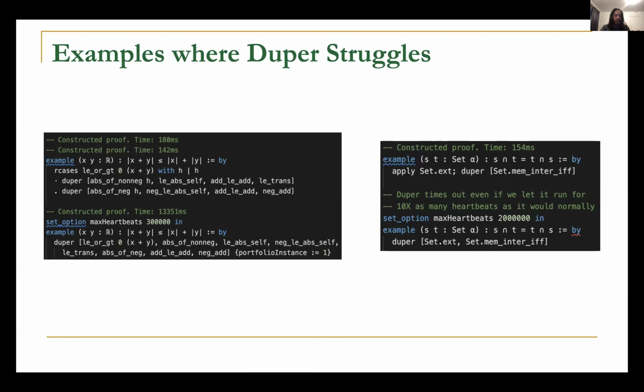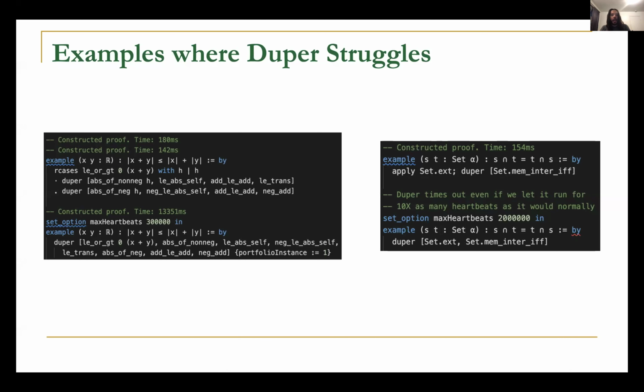However, in the bottom left example, because we don't separate the goal into two subgoals, we have to pass all of these facts into Duper all at once, which causes the active set to become significantly more bloated. This means that every time Duper selects a new given clause, and it needs to generate all of the possible inferences it can from that given clause and things in the active set, it takes a lot longer for Duper to get through that process.